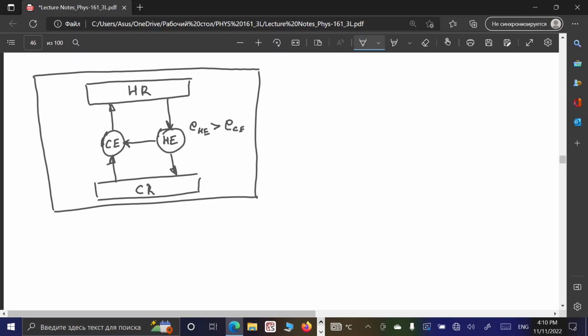So this system cannot operate, and that means that the situation when we have larger or even equal efficiency of the heat engine than the efficiency of the Carnot engine is not physically valid. So that is such a thought experiment, which just highlights the fact that the Carnot engine should possess the highest possible performance.